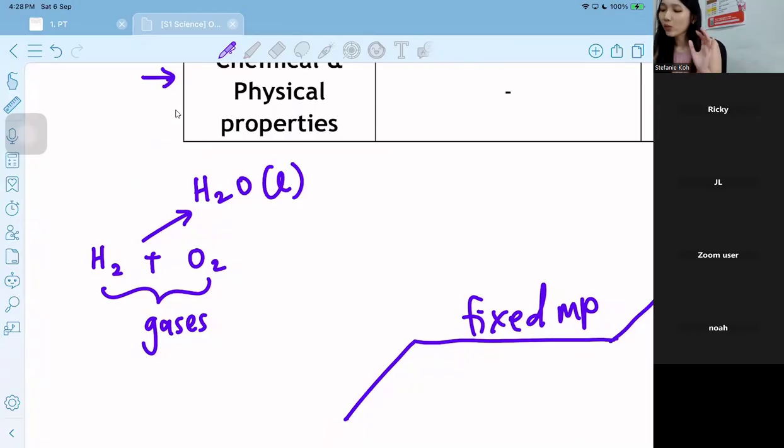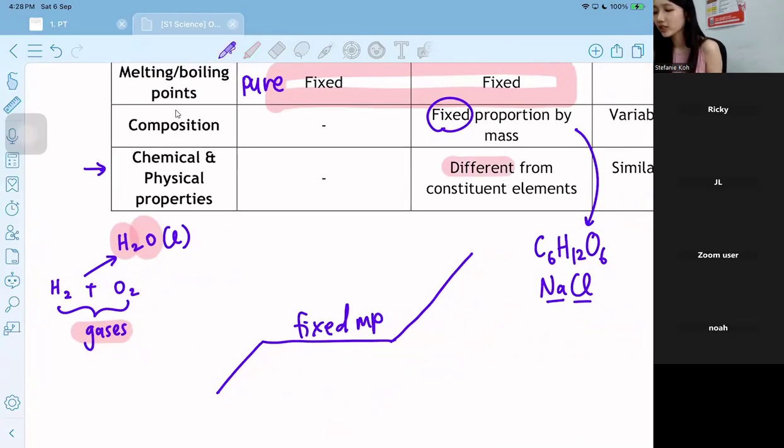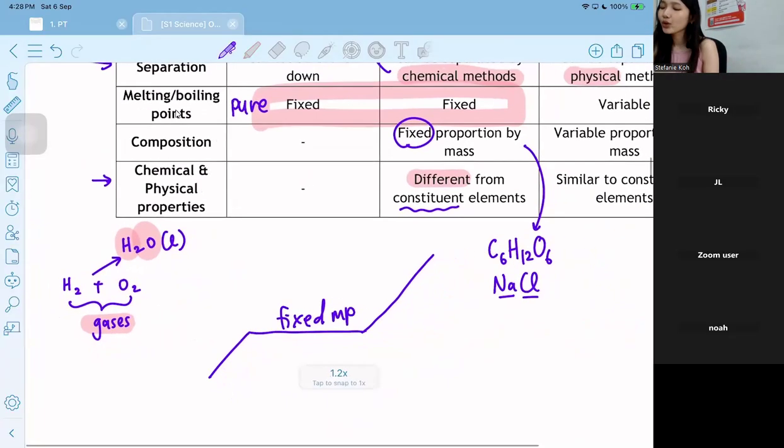So the water is a compound because it's made up of 1 and 2 different elements joined. So this compound no longer behaves the same way as its elements. That's why we say it is different from the constituent elements that it is made up of. So what you get from this compound is a totally new substance. It behaves like itself on its own.